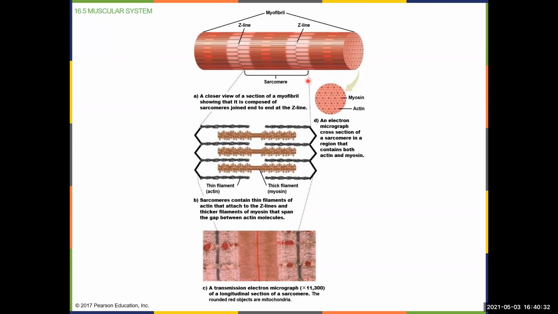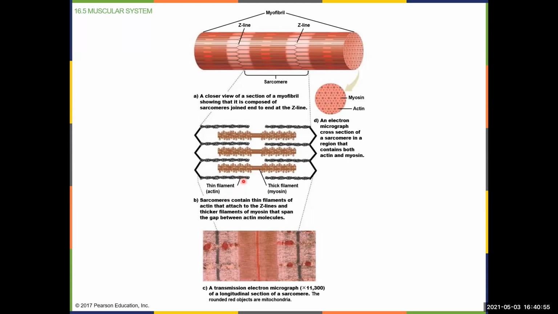And now within this unit, you can see some little lines. So here's a line, and then there's a thicker line in the middle. Those thick and thin lines are your actin and myosin filaments. So those actin and myosin proteins. The thick filament is the myosin filaments.